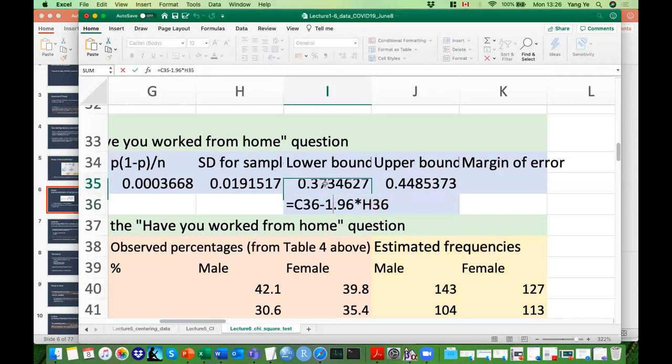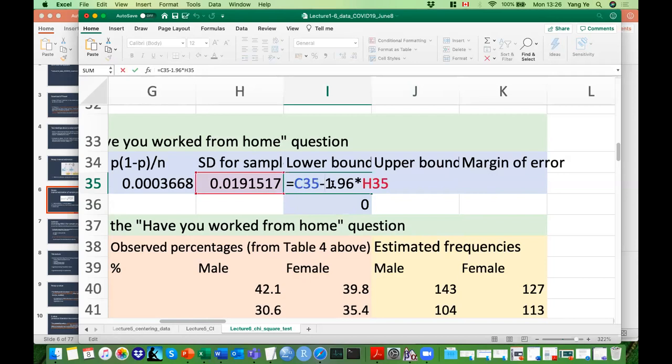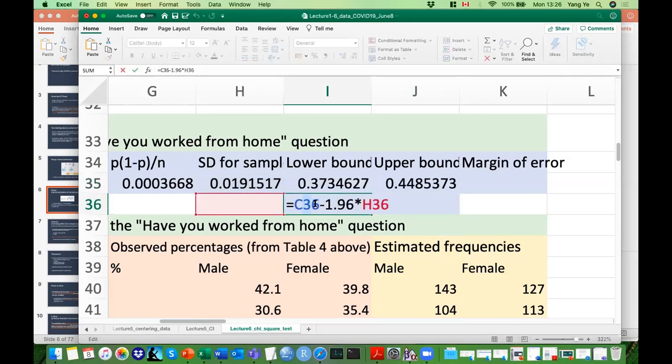So in this case, the original formula is C35 minus 1.96 times H35. If you drag it down, it becomes C36. So this is the smart thing about Excel: when you drag down, it assumes that you want to calculate the same kind of equation but updated on new data.